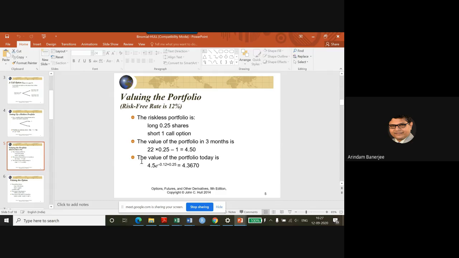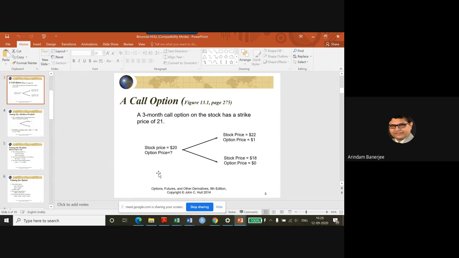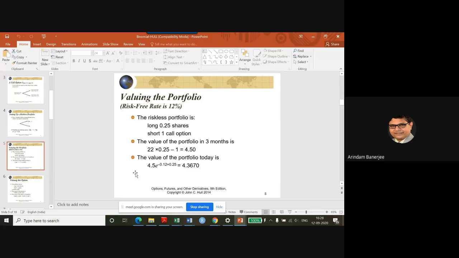I am calculating the present value as 4.5 into e to the power minus r t, where r is 12%, it is given, and t is 3 months. So 3 months is 3 by 12, 0.25. So the value of the portfolio here is 4.36. First I calculated the value of the portfolio at the end, then I calculated the present value back, which I am getting as 4.36.